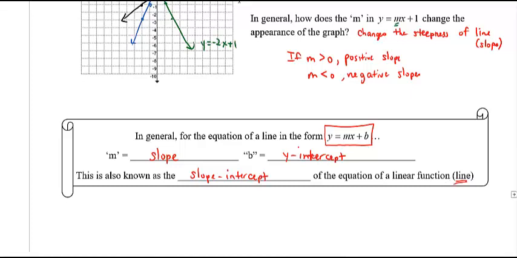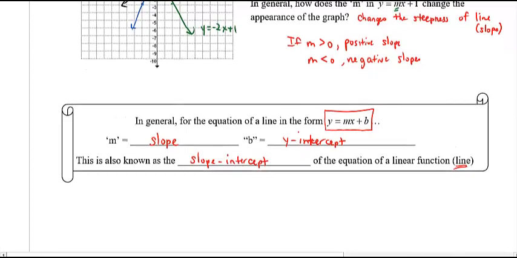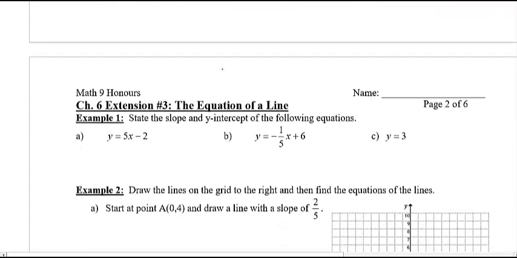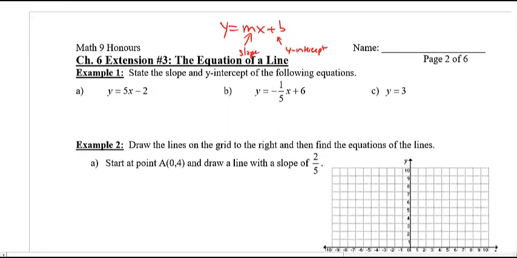Once again, y equals mx plus b. M stands for the slope. B stands for the y-intercept. So can we take a look at example number 1 now and start working on that?